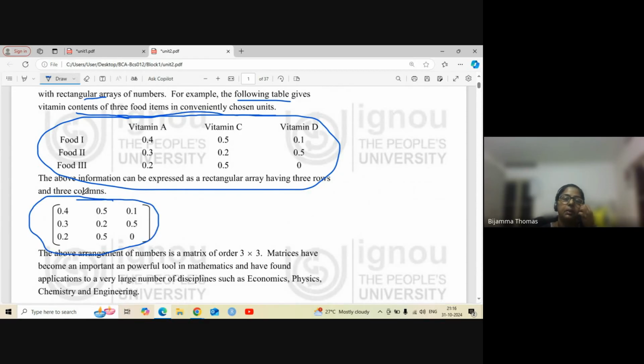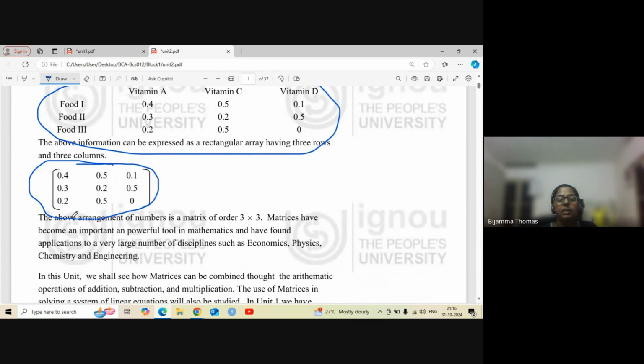When we arrange it in rows and columns, it will be easy for us to operate on these coefficients. And this arrangement is a 3x3 matrix.